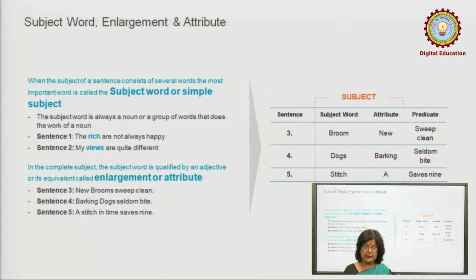Again, in sentence 5, the sentence is: A stitch in time saves 9. If we classify it under the mentioned categories, stitch will come under the subject word, a will be an attribute and predicate will be saves 9.